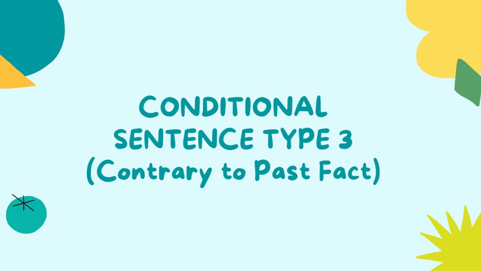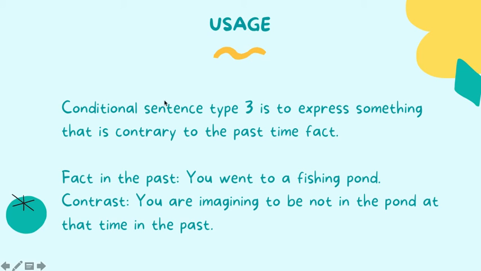Next, we are studying conditional sentence type 3. This is used to express something contrary to the past fact. So let's imagine something happened in the past, and then you are trying to make imagination about the contrary condition. For example, in the past, you went to a fishing pond.